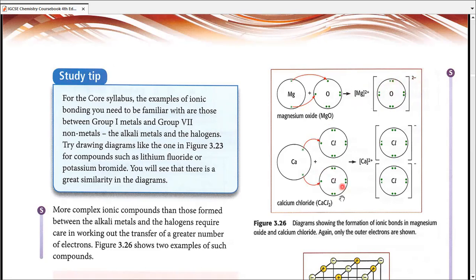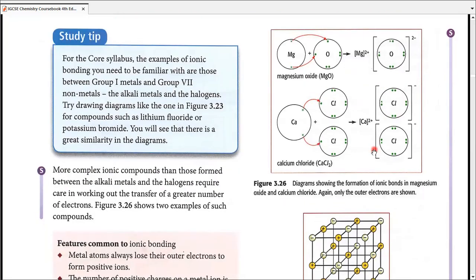So the next one is calcium chloride. Now this one is a little tricky. In this case, one atom is becoming a positive ion by losing two of its electrons, but the two electrons go to separate atoms of the same kind. Both are chlorine atoms. One electron is good enough to stabilize one chlorine atom, so two electrons go to two different chlorine atoms, and hence we have two negative ions in this case.